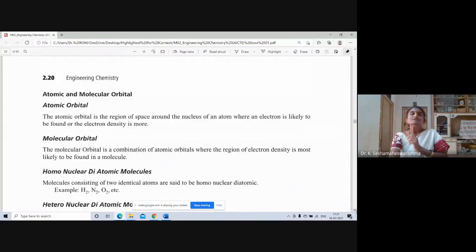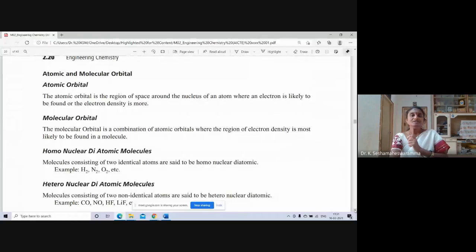So before going to the theory, what is an atomic orbital? What is a molecular orbital? An atomic orbital is the region of space around the nucleus of an atom where the probability of finding an electron is more, where an electron is likely to be found, or the electron density is more.